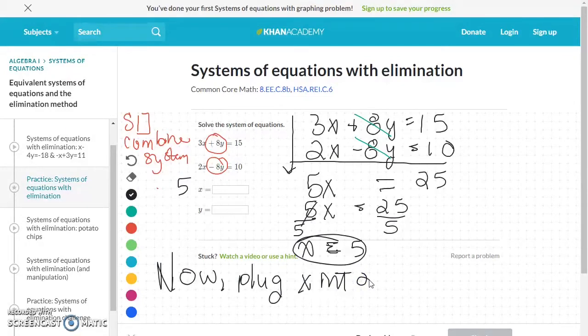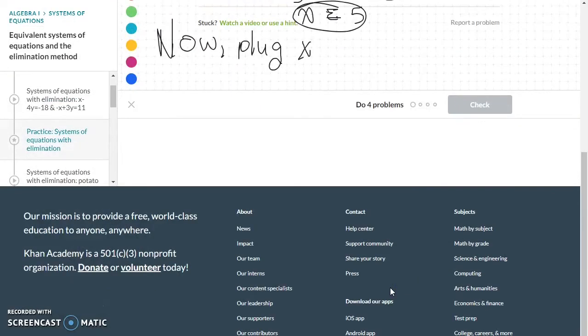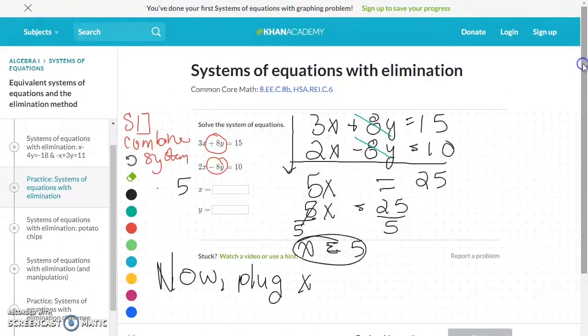Now plug the x into any of the equations, so that I can obtain the value of y.